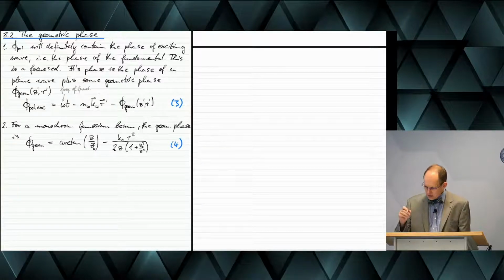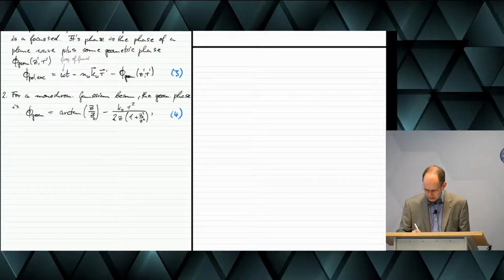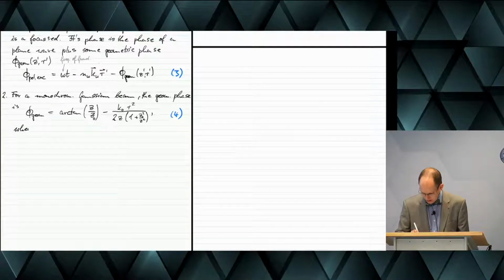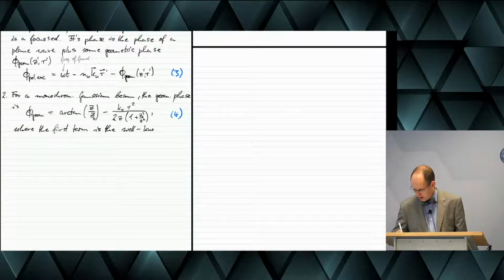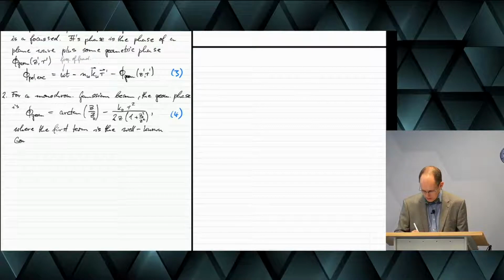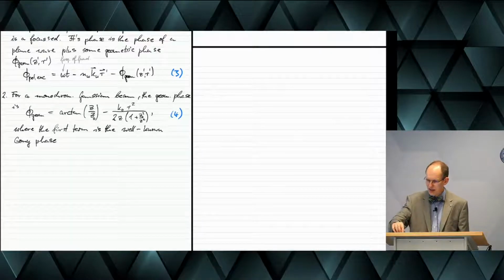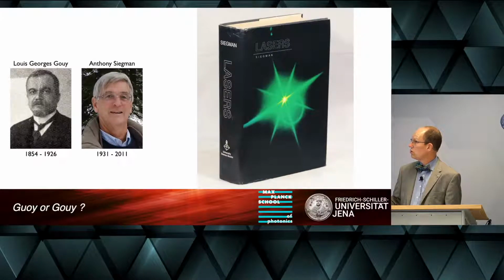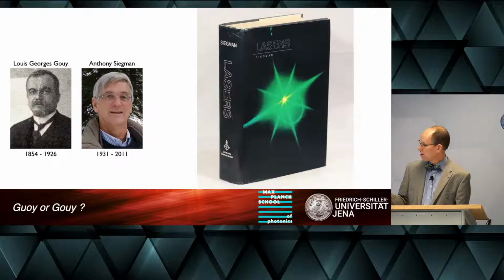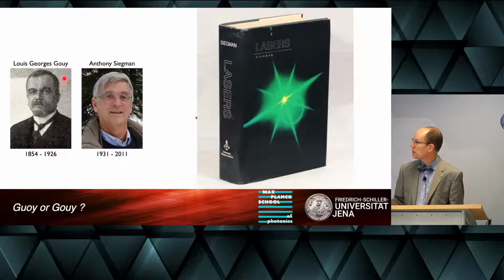And the first term is the well-known Gouy phase. Well, a little anecdote here at this point. So here we first have Louis Georges Gouy, a French scientist, and this is why he's pronounced that way.